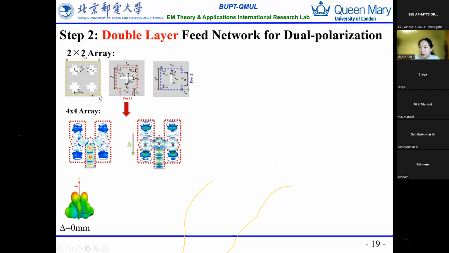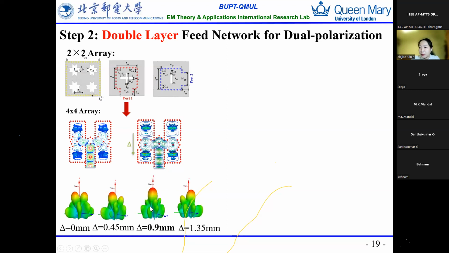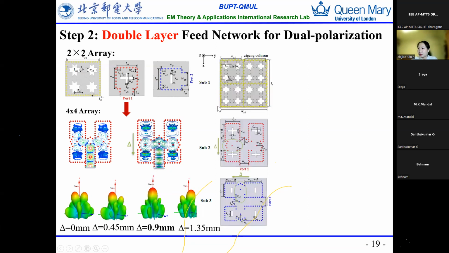This is the H junction, and then we do the optimization to achieve the broadside gain, like here. And this comes with the 4x4 array.